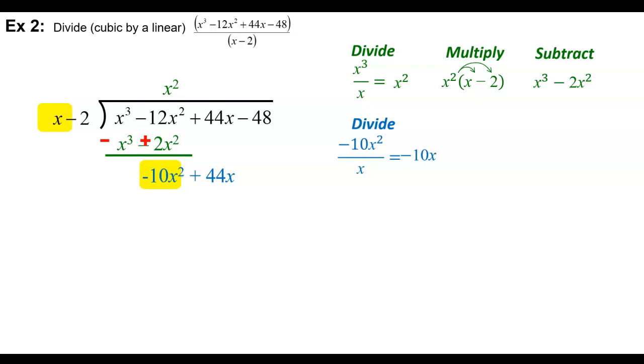For some reason. Now, let's go ahead and multiply. So actually, first off, we got to write that negative 10x up top, right? Right here. Now, second step, multiply. Negative 10x times x minus 2. Looks like this. Multiply those two. What's negative 10x times x?